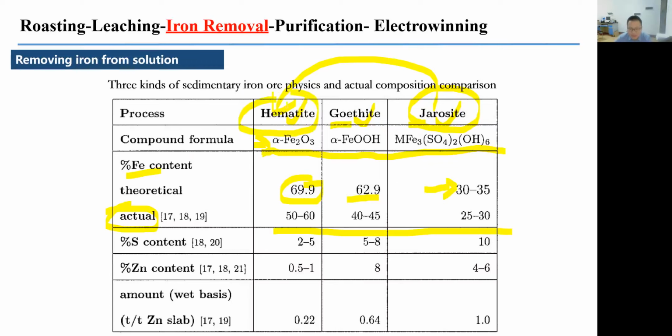When we are preparing hematite, the product has the highest iron content and the lowest sulfur and zinc content. Goethite and jarosite have quite high sulfur content. And as we mentioned, because we are preparing iron precipitate from the solution phase, some amount of zinc sulfate cannot be washed.